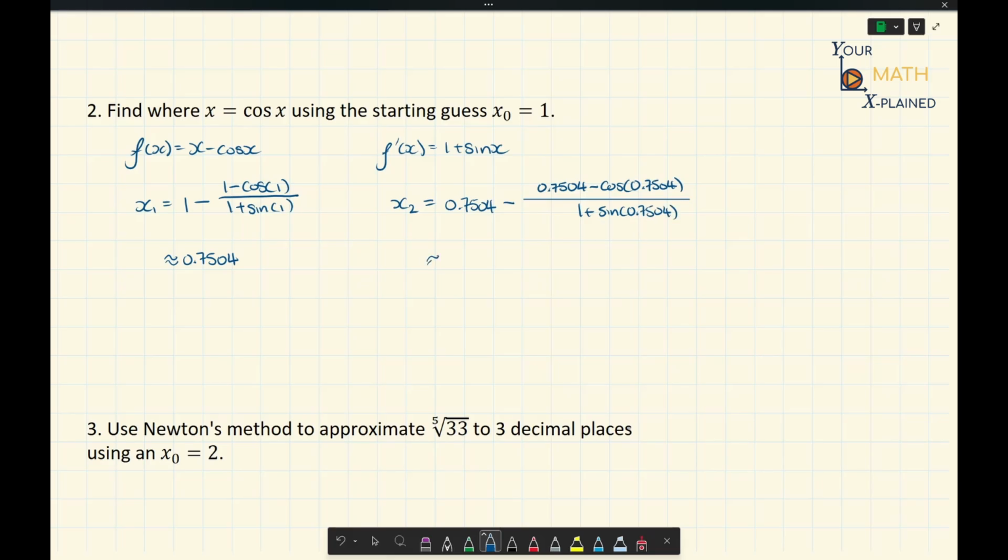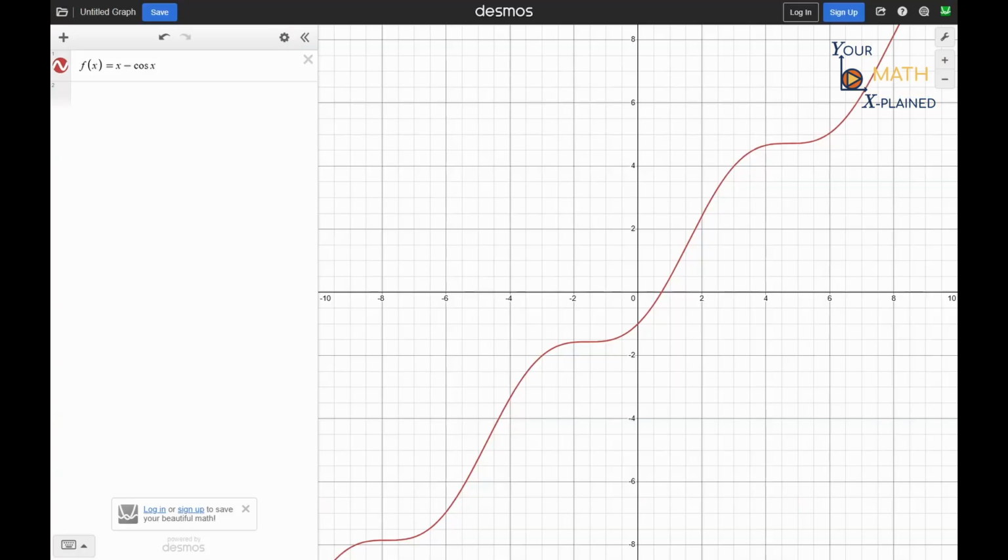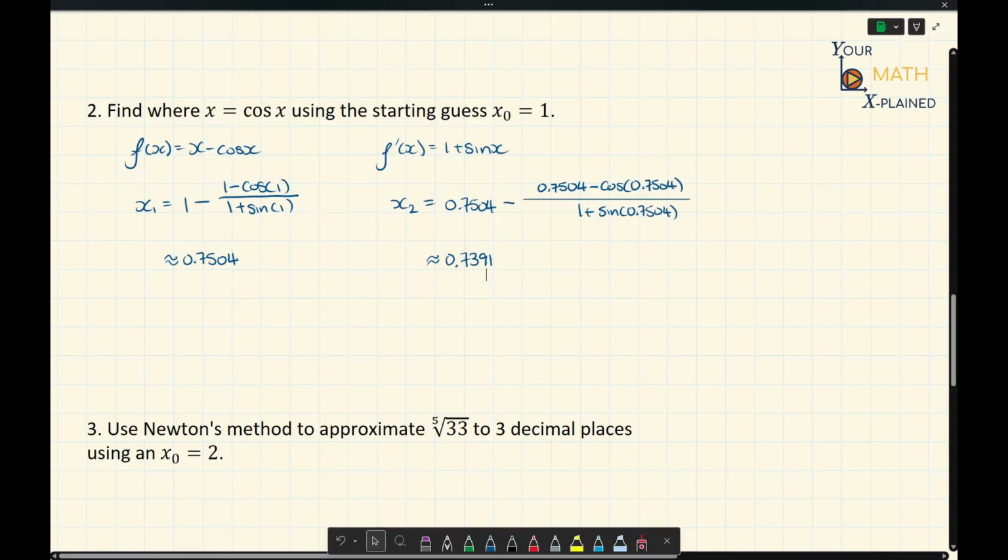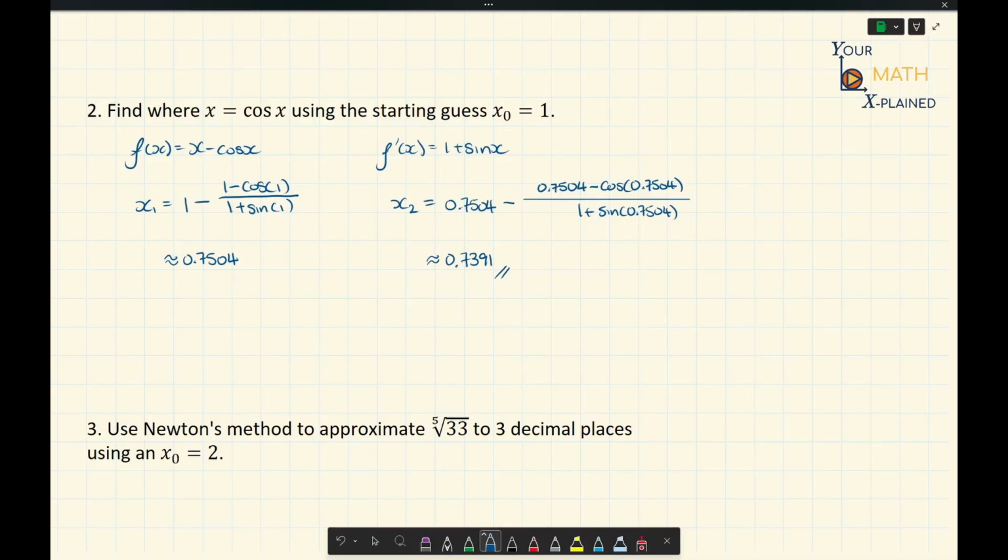And this roughly evaluates to 0.7391. And again, just to double check, our actual root here is 0.73909. So again, in just 2 steps, we are now accurate to 4 decimal places.